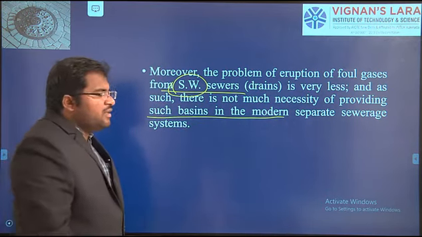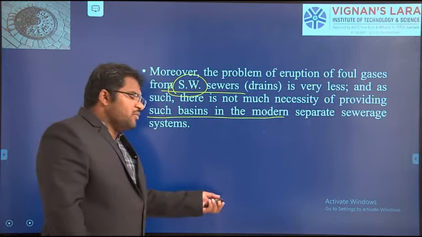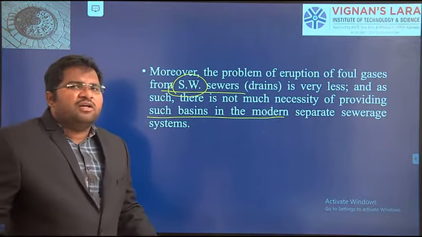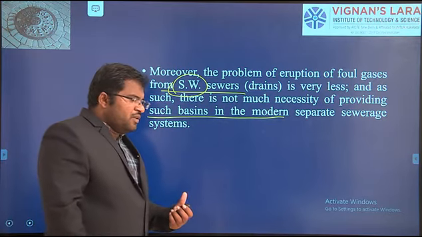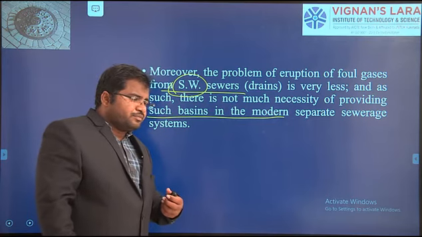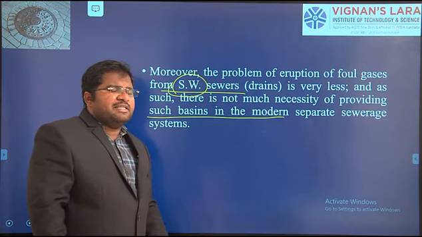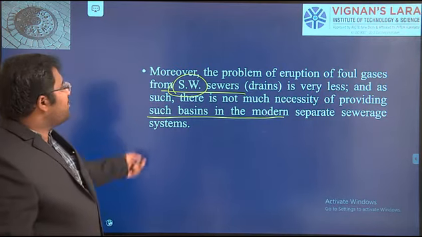Finally, concluding that these catch basins are not necessary for modern systems. Why? Because stormwater may not get fouled, we are not getting much grit, and we provide the self-cleaning velocity in the design itself, so there is no problem with the grit.